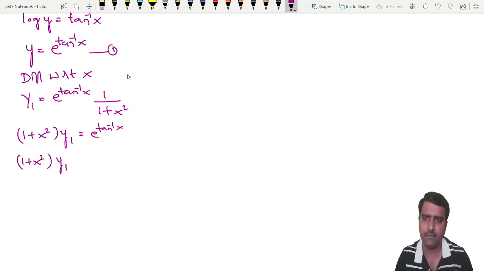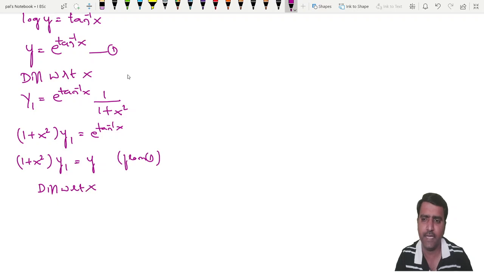So 1 plus x square into y1 is equal to, we can write e to the tan inverse of x is equal to y, that is from equation 1, because e to the power of tan inverse of x is y. Now differentiate this with respect to x to find y2.